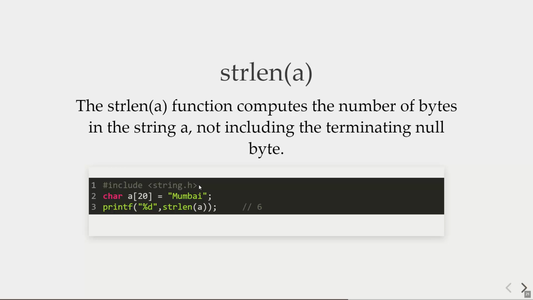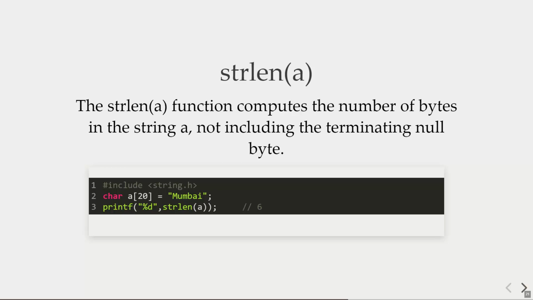One thing to note is that I have not included the entire program; obviously there is #include stdio.h and int main, and the other things. I have just written the things which are important in this program. So include the library, then define the character array, and then you find out the length of the string.